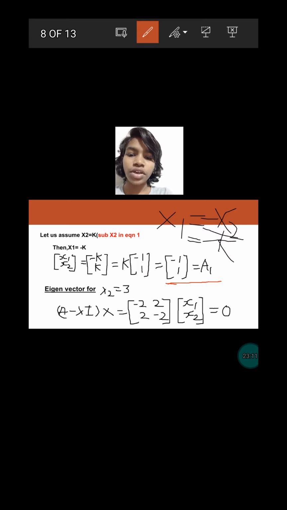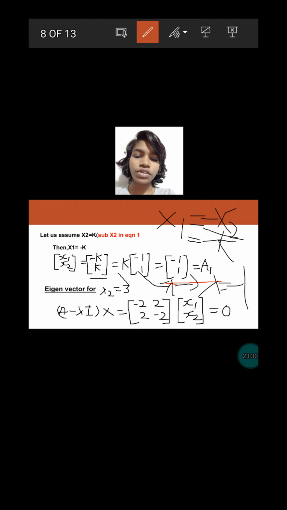Then the column matrix x1, x2 equals minus k, k. Taking k as common, we have minus 1, 1. This matrix minus 1, 1 is the eigenvector for eigenvalue minus 1. Now, in the same method, let us find the eigenvector for lambda equals 3.